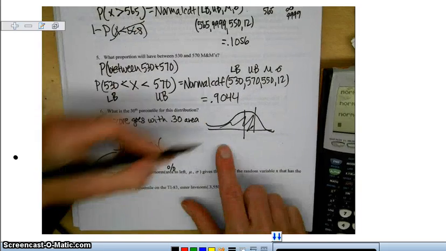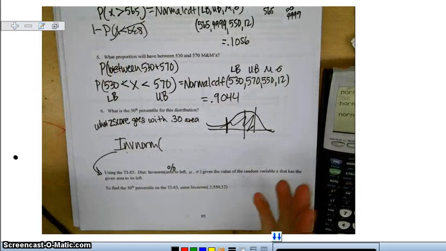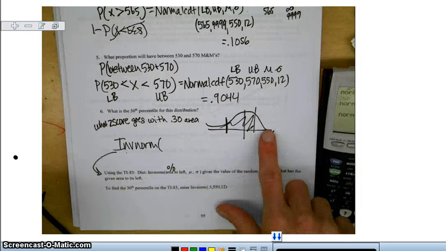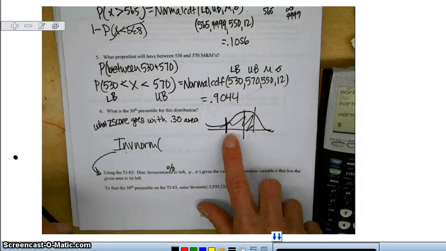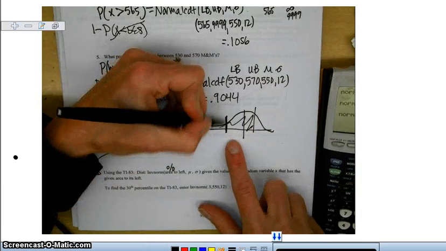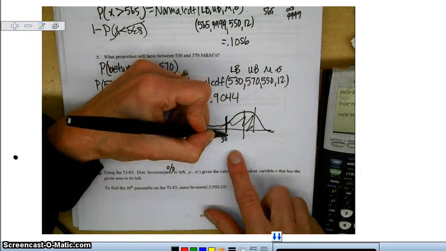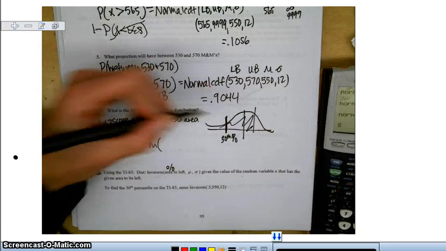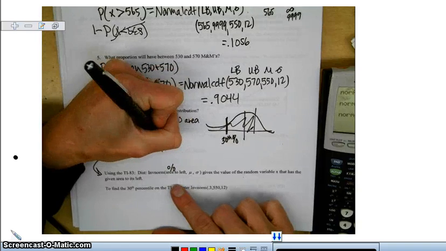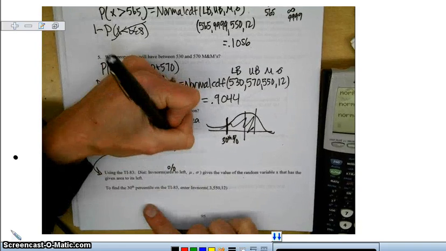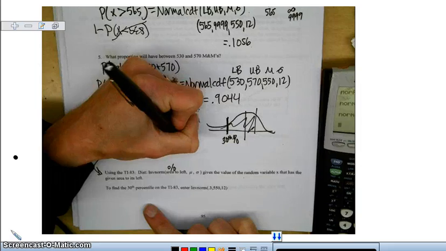So the 30th percentile, you have to think of where it's at, because if you're looking at the 80th, well, the top 20%, you have to think of it differently. But here, the 30th percentile would be down here. So you're going to type in 0.30, and then your mean is 550, and your standard deviation is 12.